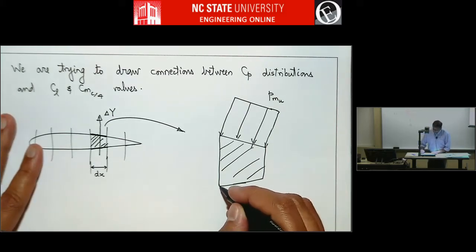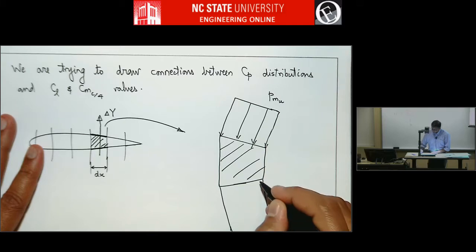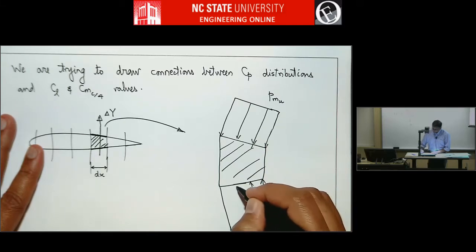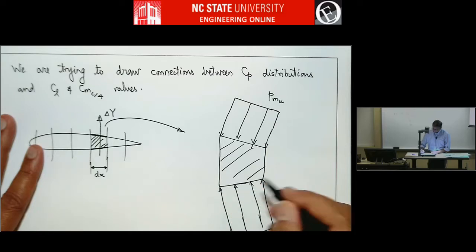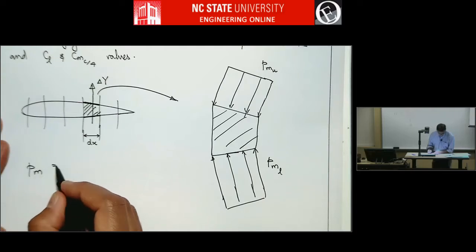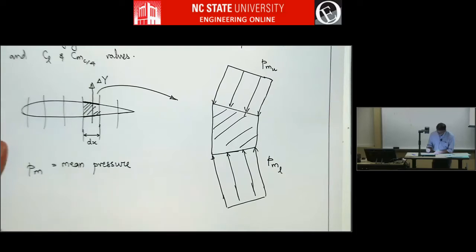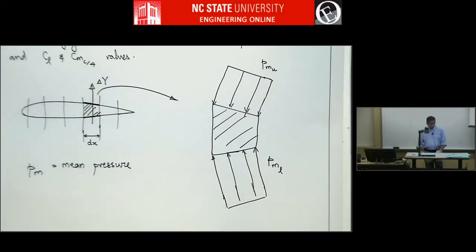And on the lower surface, some other mean pressure. Again, we'll draw it in the positive sense, and this becomes PML. So PM is the mean pressure. Okay. So we'll convert these to CP.